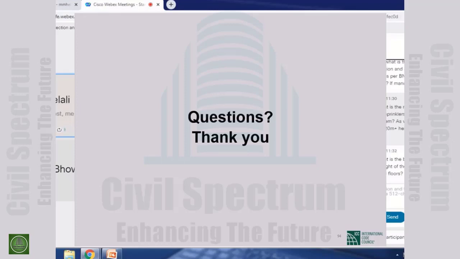What is the minimum height to be considered for a sprinkler system along with the hydrant system? I don't understand the question. Height of what? Height of the building? I'm not sure. Actually, as per code, sprinkler is not compulsory.